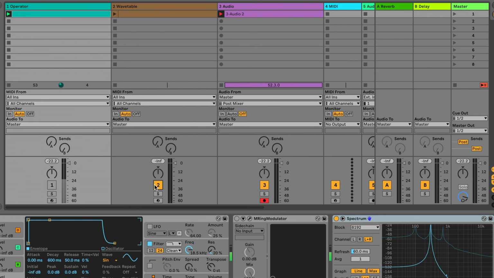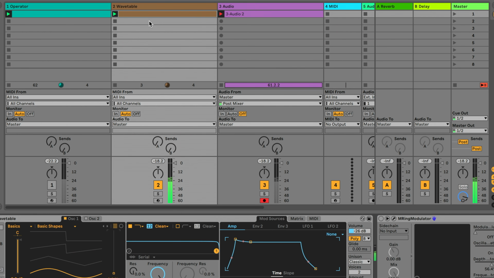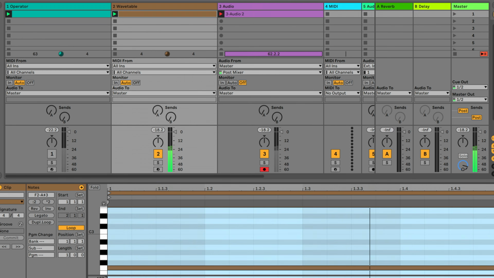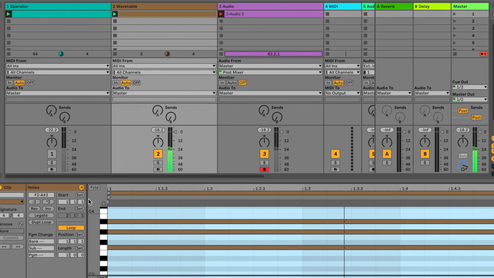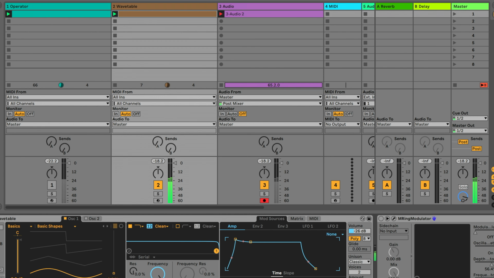It can be difficult to use it with chords because you have a lot of information coming in, but we can try. In this case I'm using Wavetable with the sine wave and a chord. Let's turn on the ring modulator and see what it does to a lot of information.